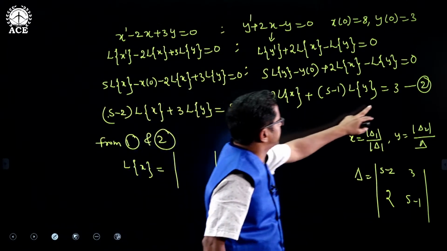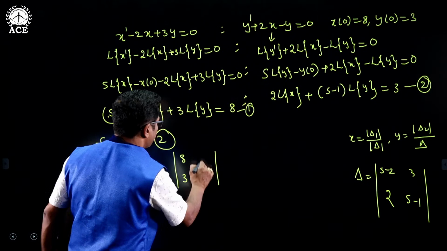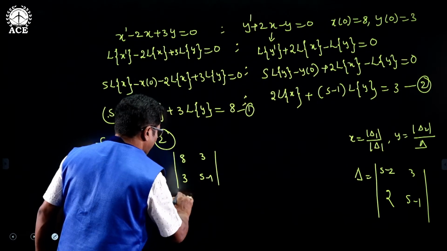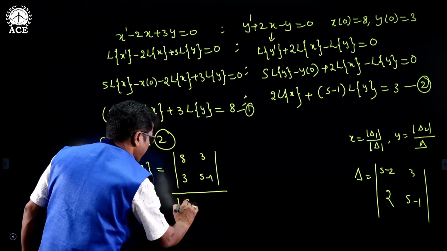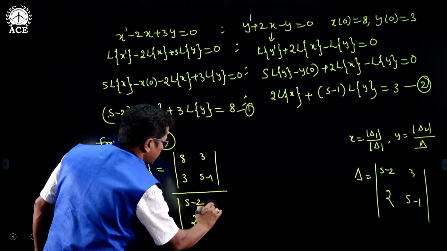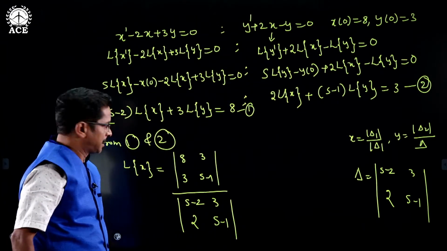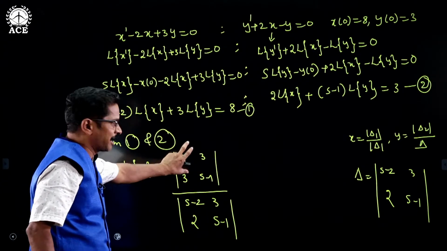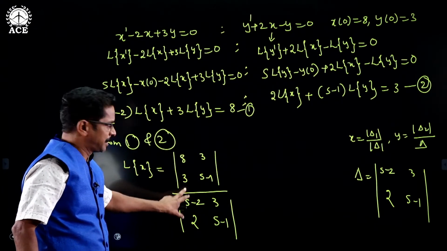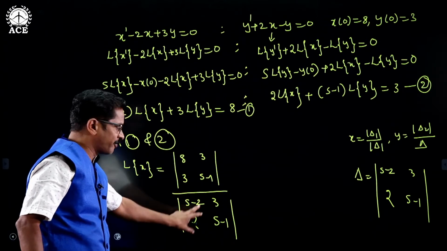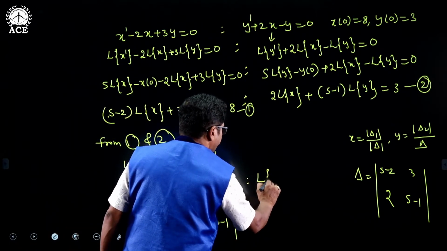Here the constant is 8, here the constant is 3, so 8, 3, and the y coefficient is 3, s minus 1. This is del 1. By del means the determinant s minus 2, 2, 3, s minus 1. This is for the L of x formula: del 1 by del. Del 1 means replace x coefficients by constants, and for del put the x and y coefficients in determinant form.